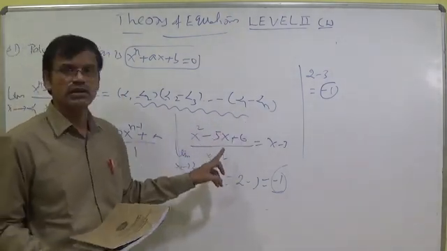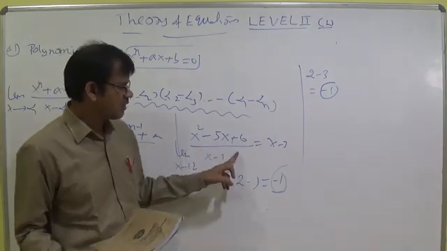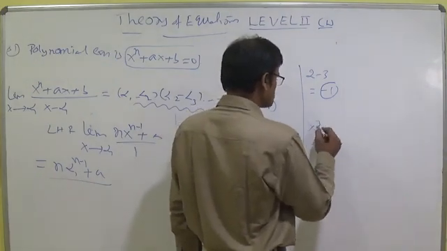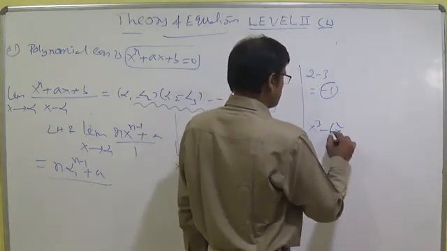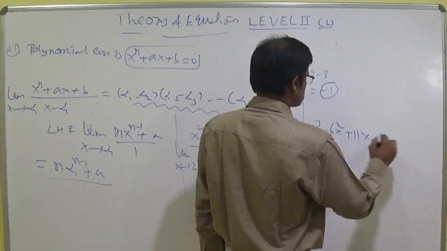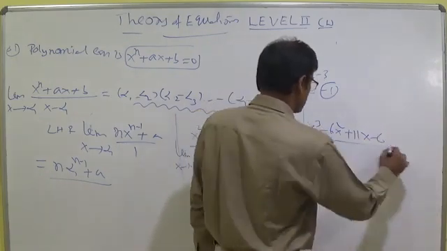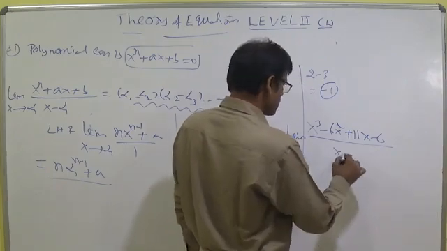Simply I have taken the quadratic equation x square minus 5x plus 6 like this. So if you take another example, x cube minus 6x square plus 11x minus 6, I am writing now, divided by x minus 1.